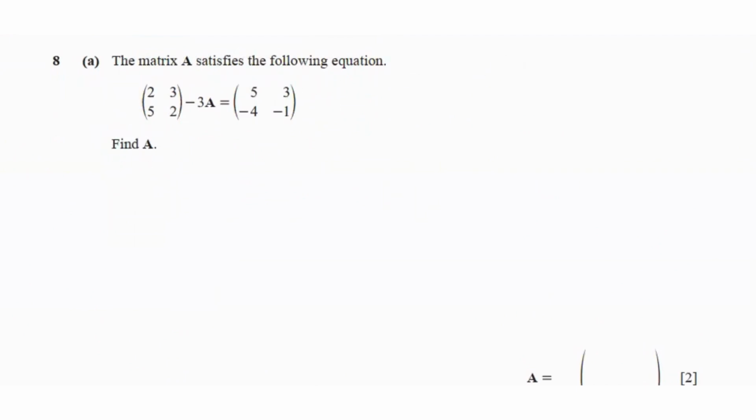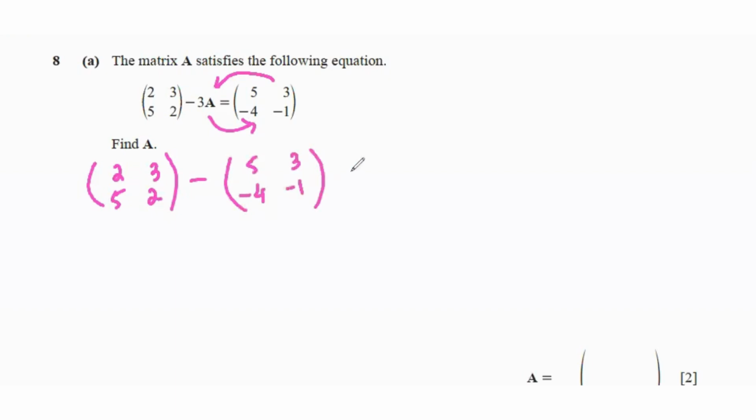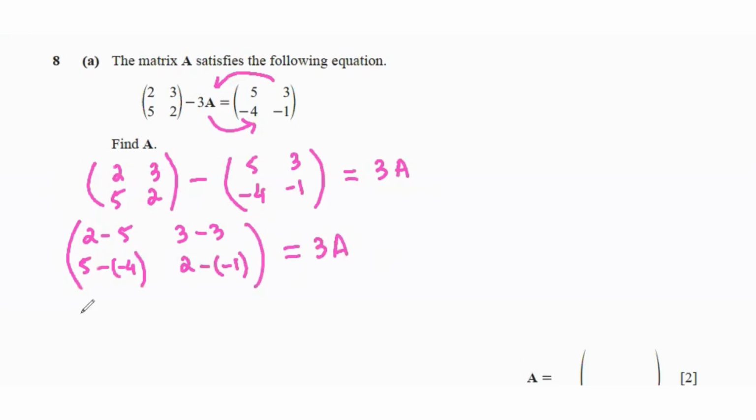Question 8 says the matrix A satisfies the following equation. Find the value of A. What I will do now is swap this with this. So we'll have the matrix 2, 5, 3, 2 minus the matrix 5, negative 4, 3, negative 1 equal to 3A. 2 minus 5, 3 minus 3, 5 minus negative 4, and 2 minus negative 1 equals 3A, which will be negative 3, 0, 9, and 3 equal to 3A.